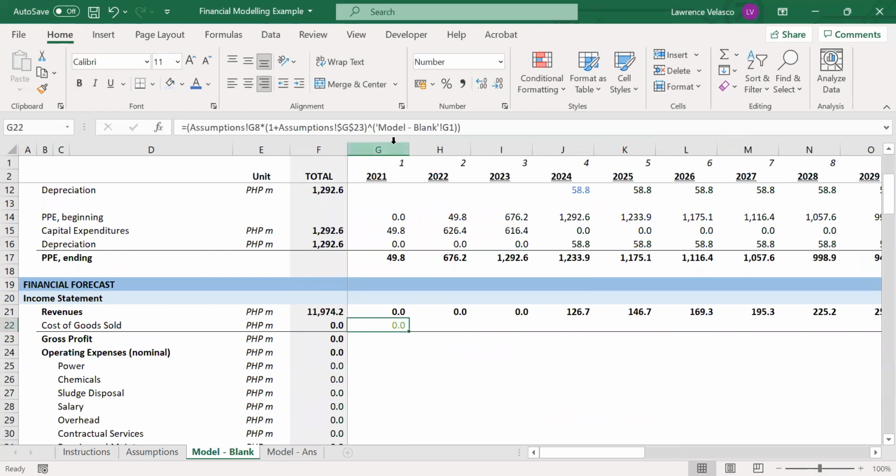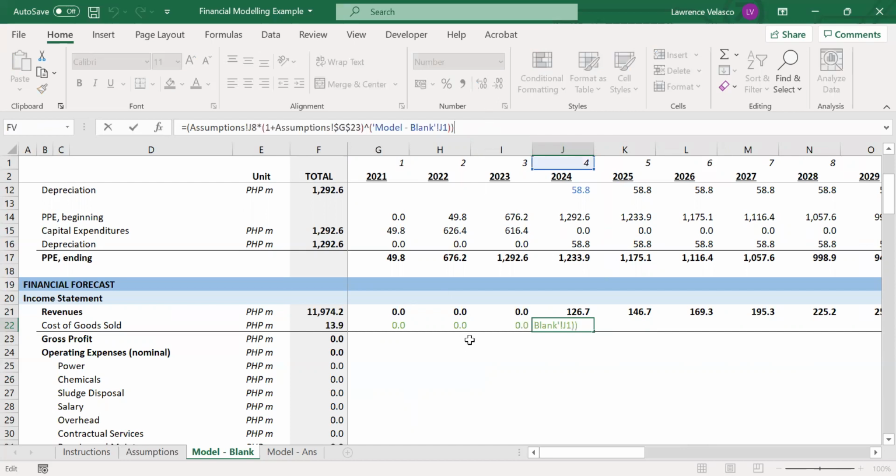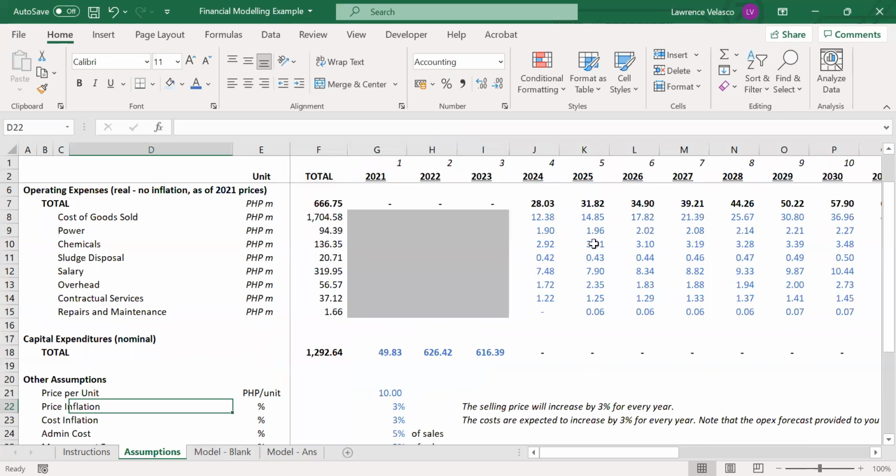So ayan. Okay? Zero kasi zero yung cost of goods sold natin. But if you move, for example, here, 13.9. So, ano nangyari dyan? Okay? That is assumption J8. Okay, J8. So, 12.38. Yun yung J8. Okay?